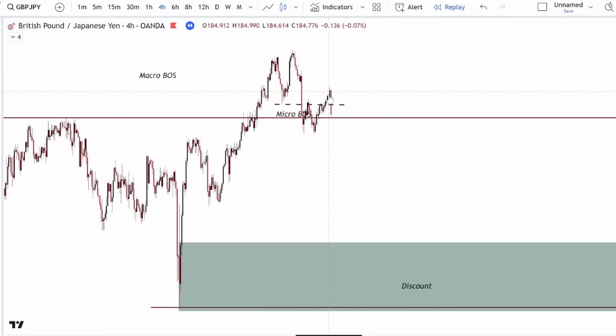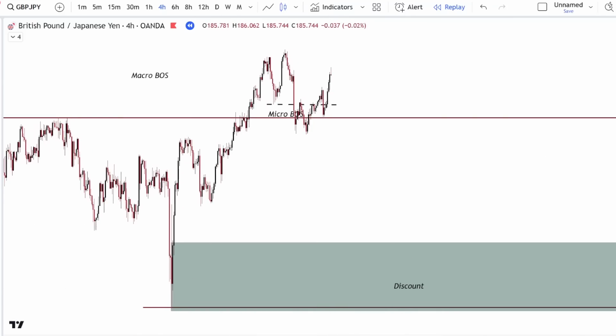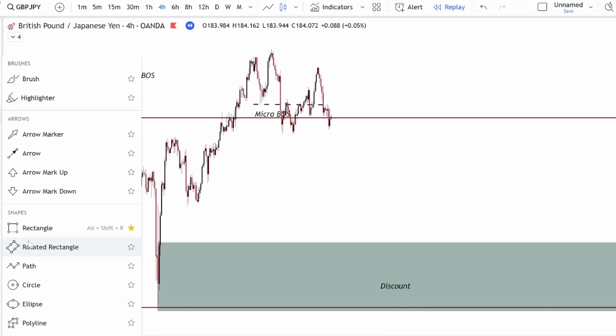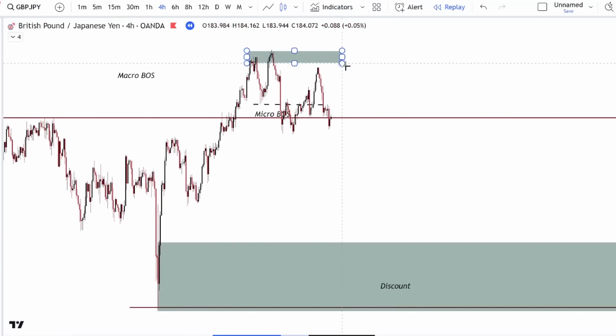Now you have your pullback back inside of the range. Price reacted from an extreme. Extreme what in this case? Extreme premium.